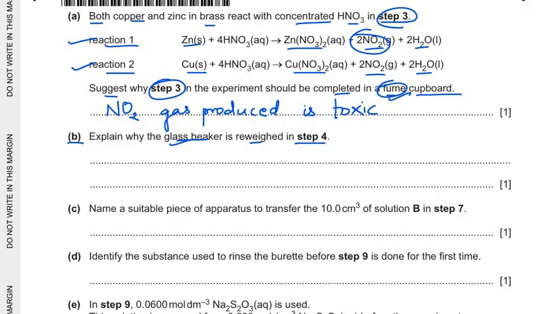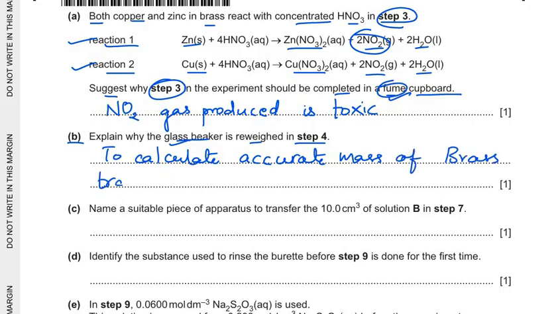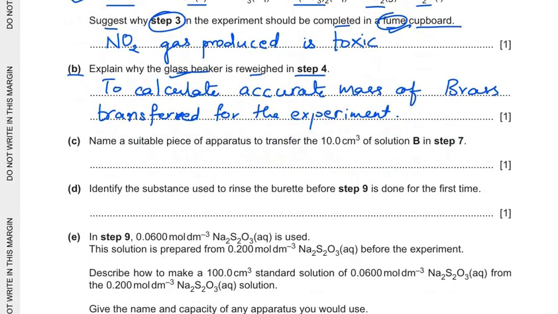So we can write: to calculate the accurate mass of brass transferred for the experiment to the flask. So this is how we reweigh the beaker and subtract the mass to find out the exact mass of brass.